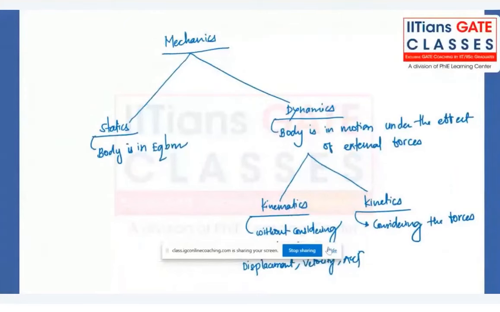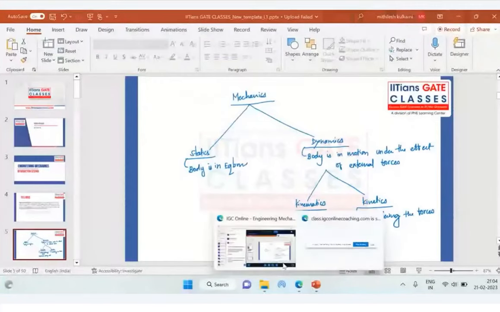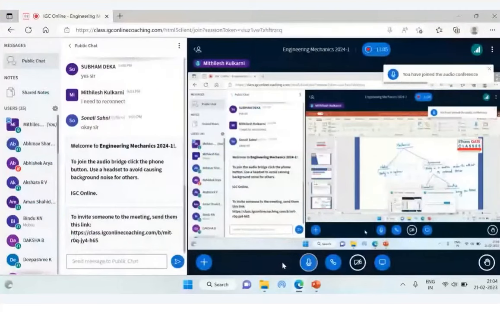So just a minute. I have connected. Again, I'll connect through my mobile as well.